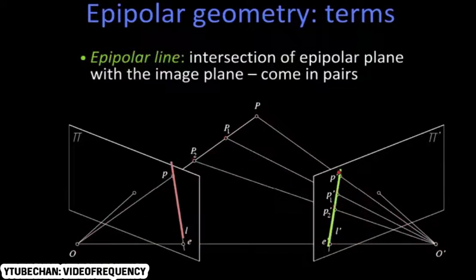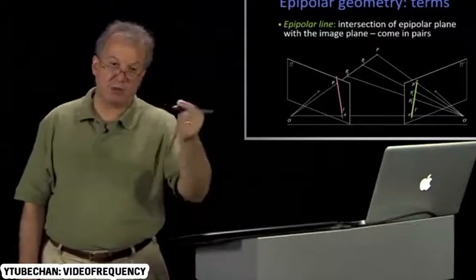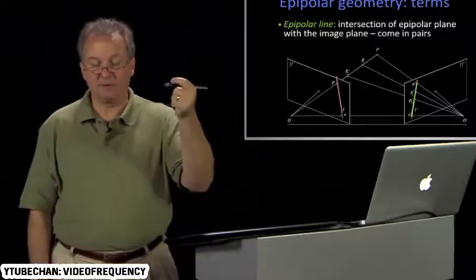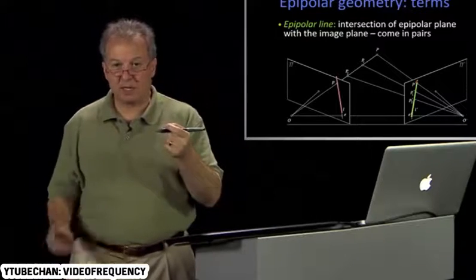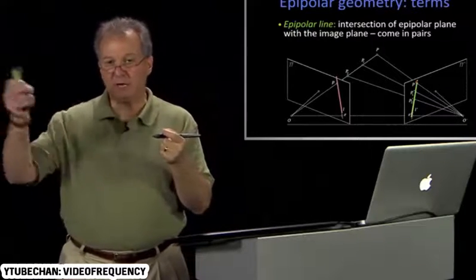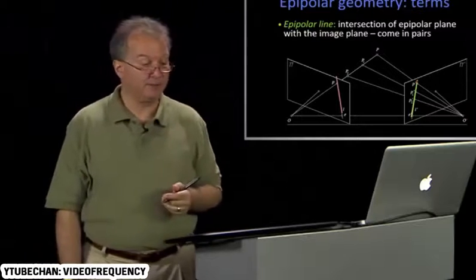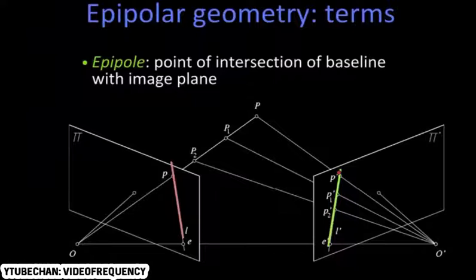As we showed before, the epipolar line is an intersection of the epipolar plane of a given point with the image plane. It really should say the image planes, because there's always a pair of epipolar lines. Corresponding epipolar lines are such that if you have a point, you figure out its epipolar line, and its matching point must be on the corresponding epipolar line in the other image. Finally, we have something that we haven't talked about before, which is called the epipole.